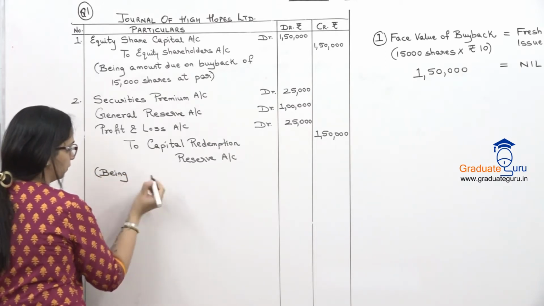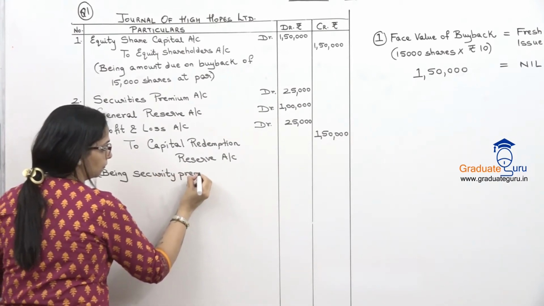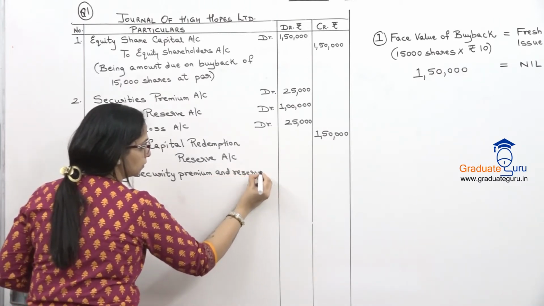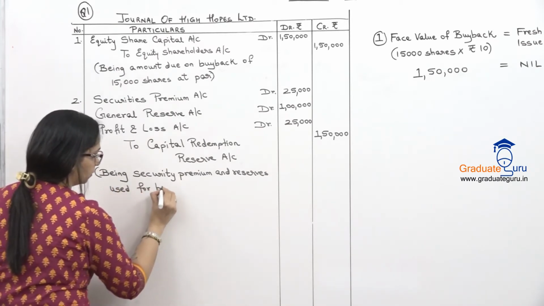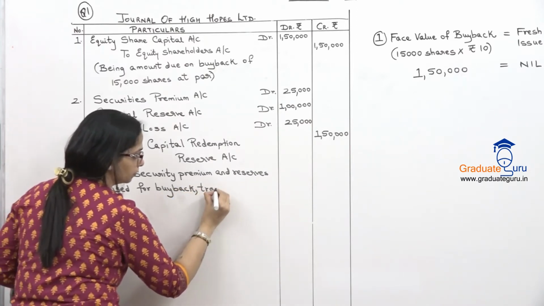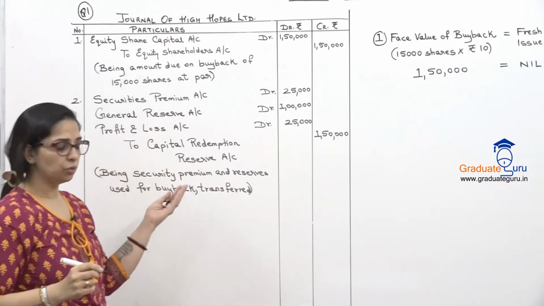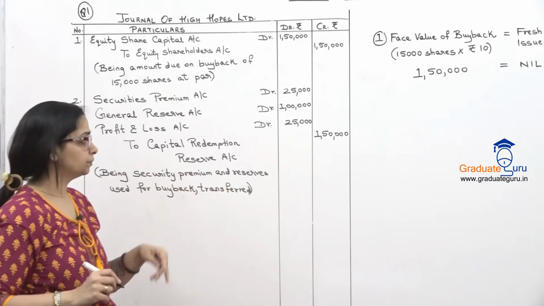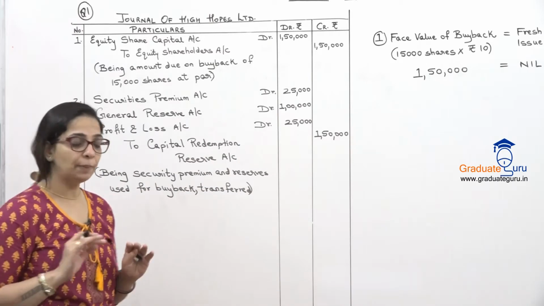Being security premium and reserves used for buyback transferred. Transferred to CRR, you can add that, but no need, it is self-explanatory. हम कहाँ transfer कर रहे हैं? Capital Redemption Reserve. There is no premium. अगर प्रीमियम होता तो उसकी एक अलग एंट्री होती, बट यहाँ पर प्रीमियम नहीं है.